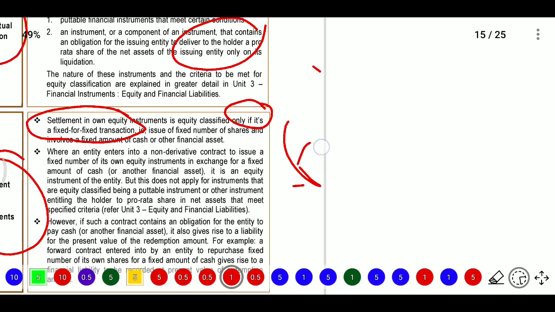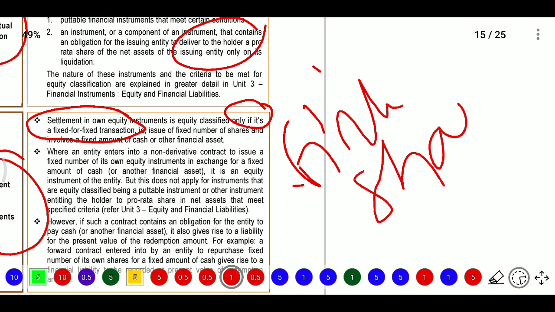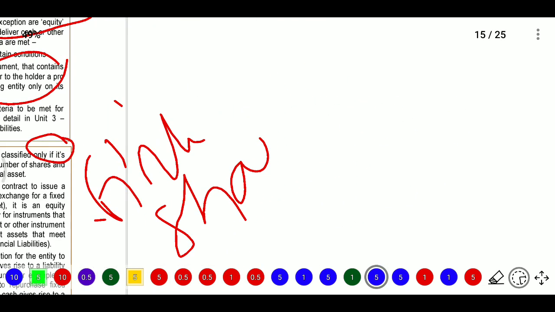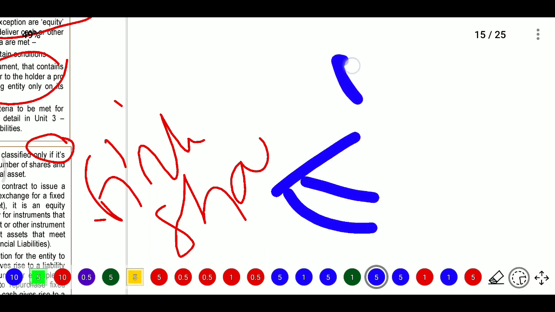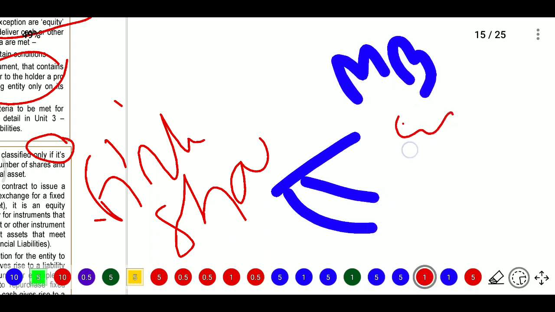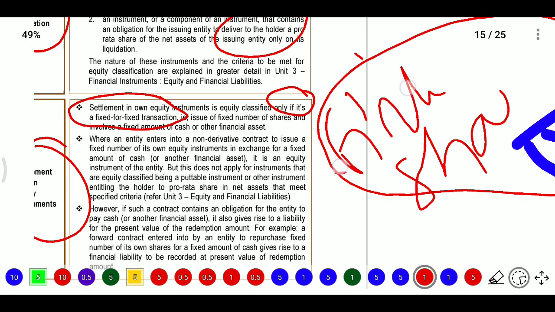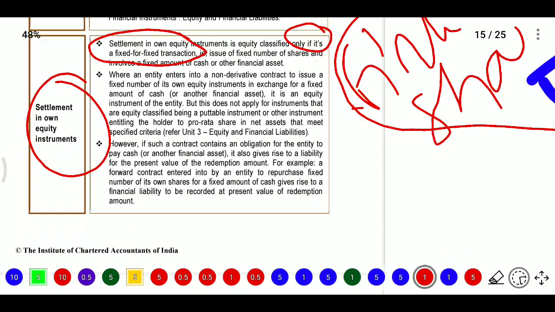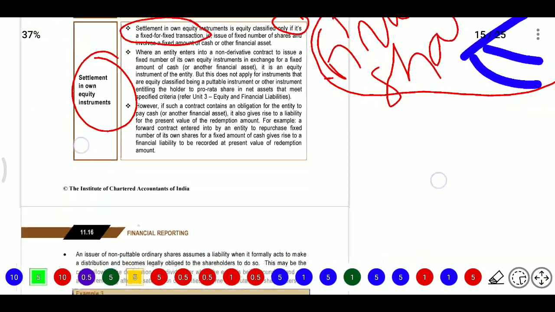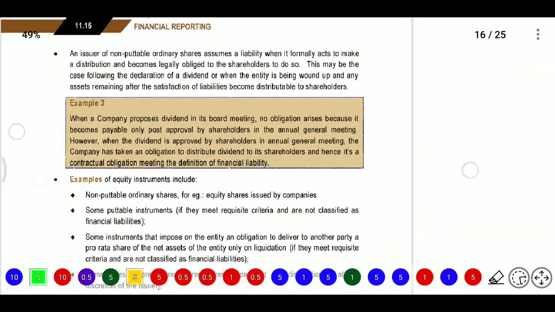When there is a fixed number of shares, the market price may be different. When the market price is different, risk is increasing. When risk is there, the equity holder is always the risk taker. So who is taking the risk in a company? The equity holders only.